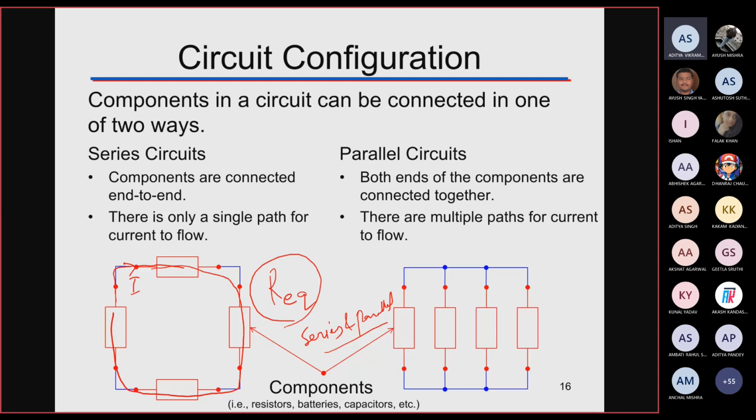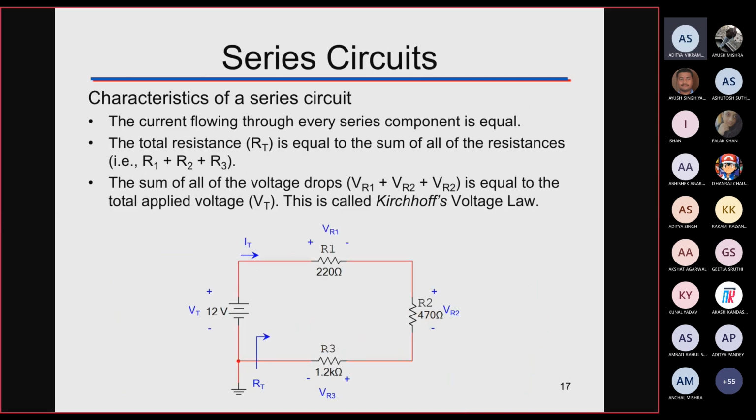And if the components are connected in parallel, then suppose I is the total current entering a particular node, then the total current will be divided among the number of parallel paths, depending upon the magnitude of the resistance, or you can say impedance, of the individual component. And accordingly, the current magnitude will be distributed in the various components. So this is the basic difference. So the current through each component will be variable in case of a parallel electrical circuit, right?